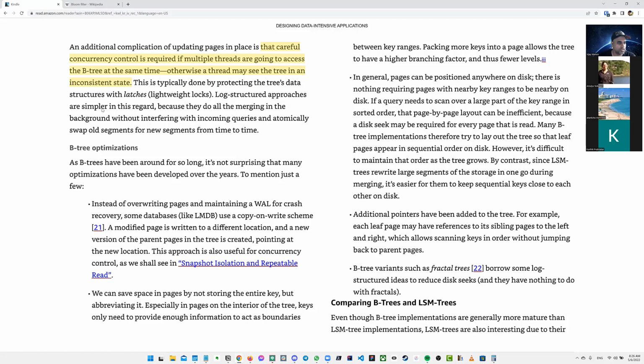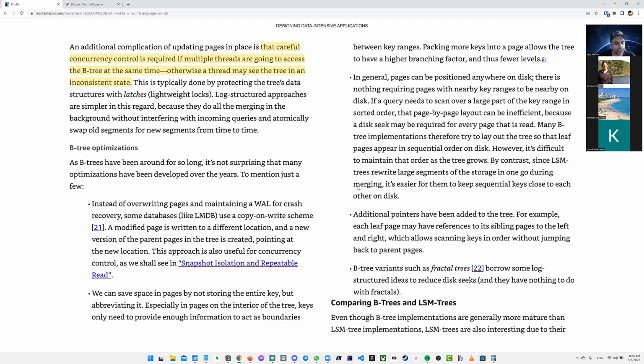Log structures are simpler in this regard because they do all the merging in the background without interfering with queries. Yeah, concurrency is a particularly painful problem with B-trees.